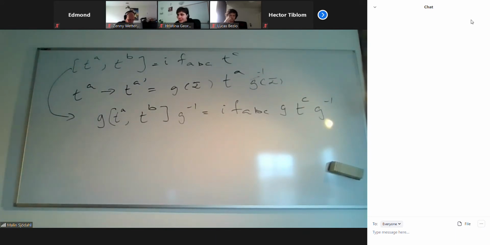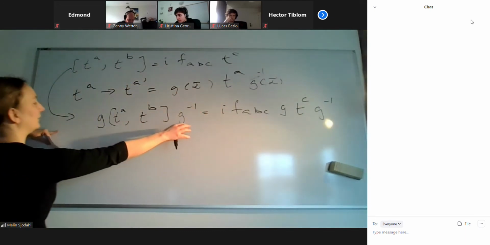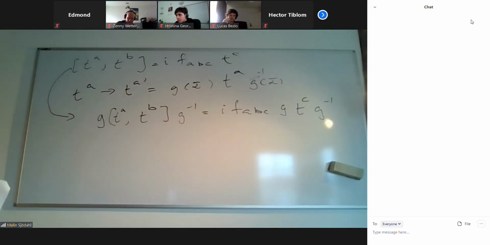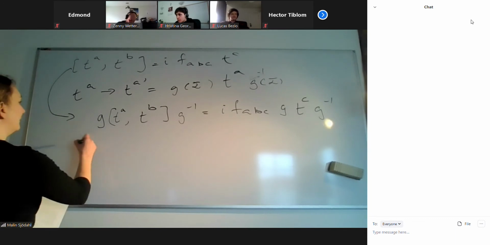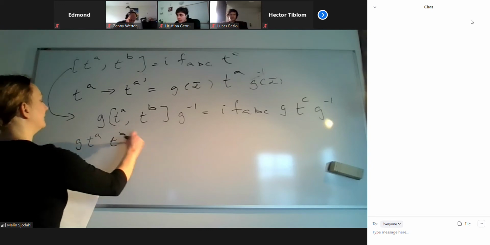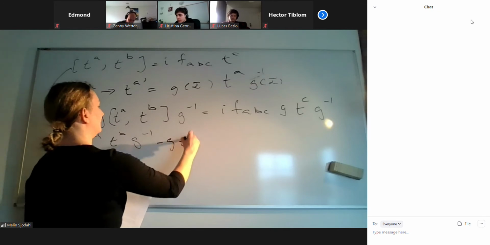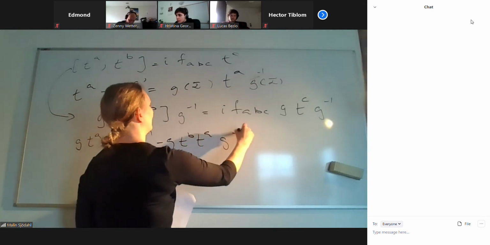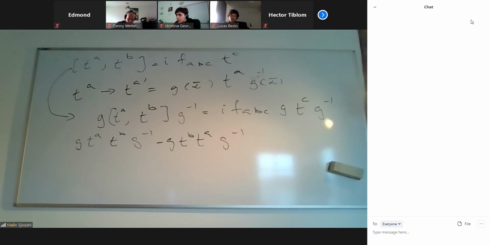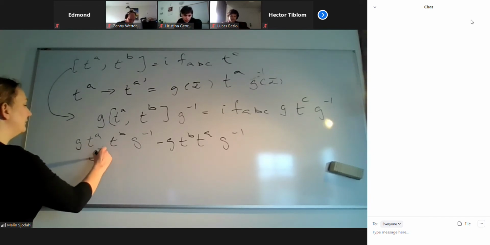Okay. So I'm already happy with this side, but I want to work with this side. So what I do then is that I write it out. So this is E, PA, PB, E inverse, minus E, PB, PA, E inverse. So I just written it out. And then I insert 1 in the form of E inverse E here.